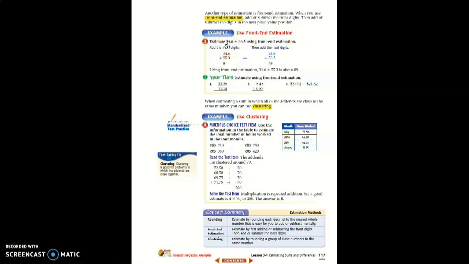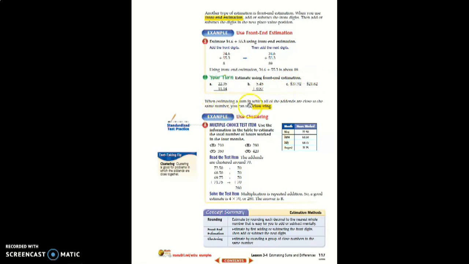Estimate 34.6 plus 55.3 using front-end estimation. Using front-end estimation, 34.6 plus 55.3 is about 89. Your turn. Estimate using front-end estimation.